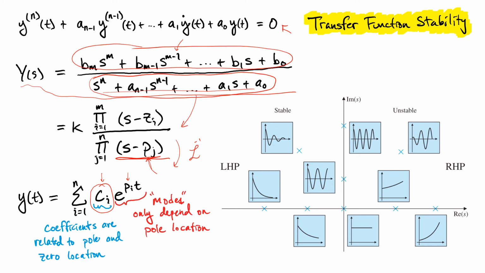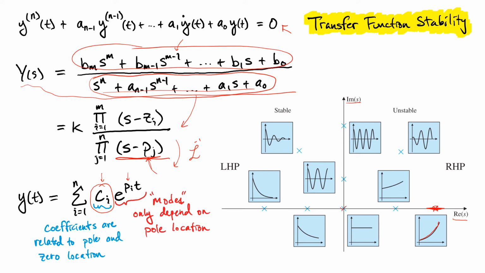So similar to the diagram we saw before, we can think about the complex plane. So this is the real value of S and imaginary value of S. And depending on where your poles are, that tells you the stability of your system. And so if you have a pole that is positive like this, and in this case there's no complex value, it's only real because it's on the real axis, then you just get this exponential growth, similar to what we saw in the first order example.